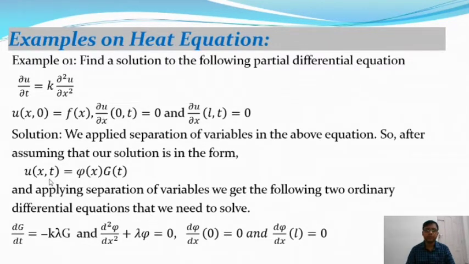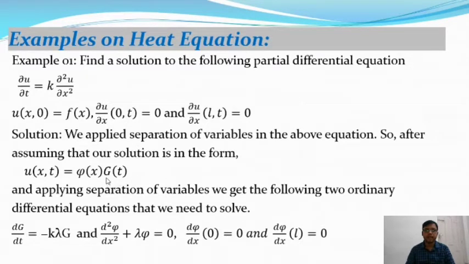If we differentiate u of x comma t with respect to t, we get phi of x into g dash t, and if we differentiate with respect to x twice, we get phi double dash x into g of t.